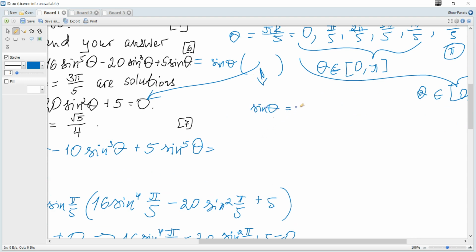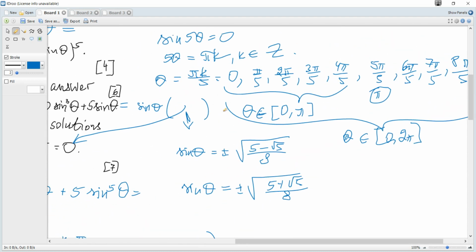Sine is plus minus root of (5 minus root 5) over 8, and sine is plus minus (5 plus root 5) over 8. If we consider from 0 to 2 pi, these values of theta arise from these values of sine.